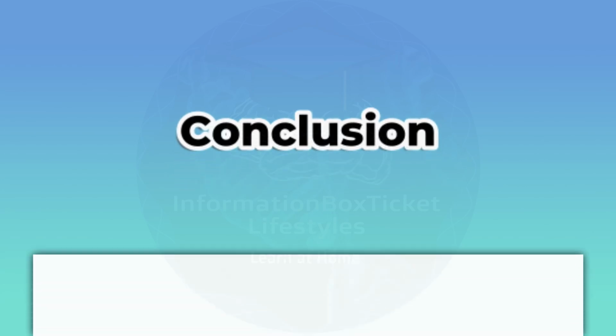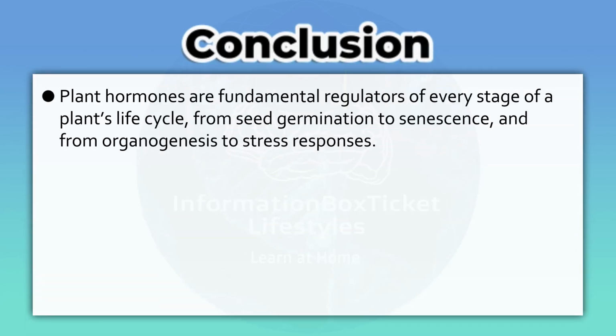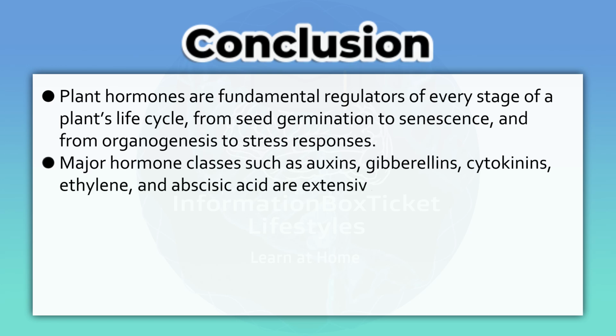Conclusion: Plant hormones are fundamental regulators of every stage of a plant's life cycle, from seed germination to senescence, and from organogenesis to stress responses. Major hormone classes such as auxins, gibberellins, cytokinins, ethylene, and abscisic acid are extensively studied and well characterized.